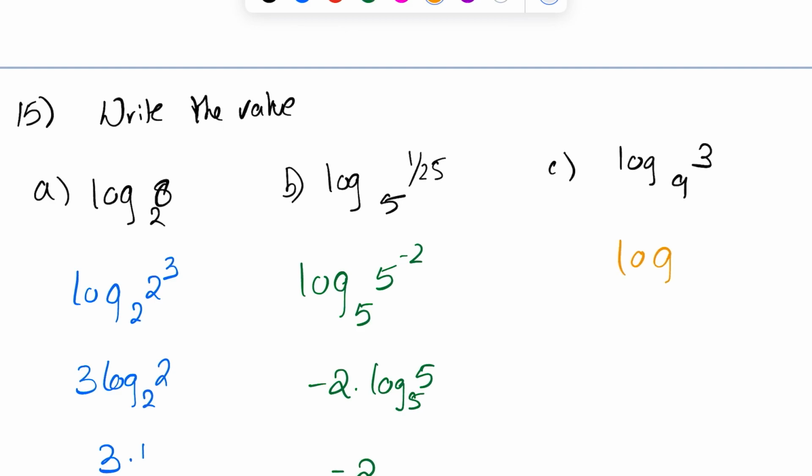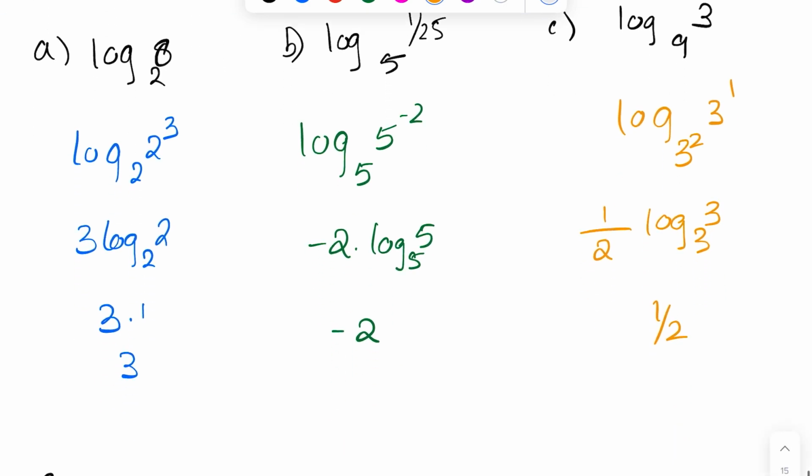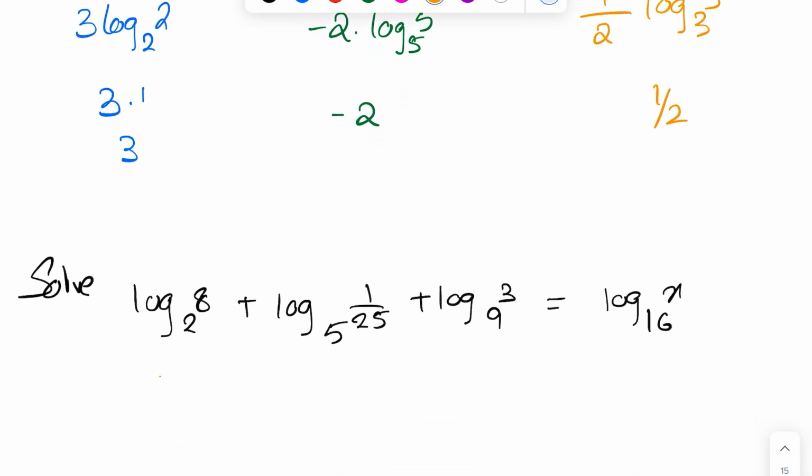Log 3 to the base 9: 9 can be written as 3 to the power of 2. Then 1 comes to the numerator, 2 to the denominator, log 3 to the base 3, so 1 upon 2. Plug in those values. This value will become 3, this will become negative 2, and this will become 1 upon 2, equals log x to the base 16.